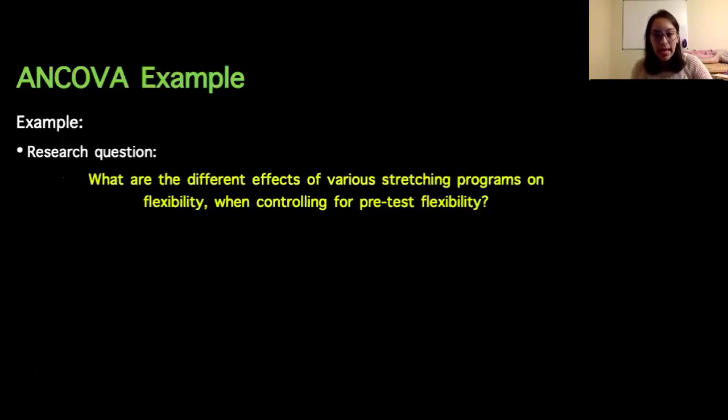Next example I have is a pre-test, post-test situation. And this is where I think people tend to get a little bit confused because they're like, well, pre-test, post-test, that's using the same person for two measurements. And this is true, but this is also why we say that the covariate is a pre-test.